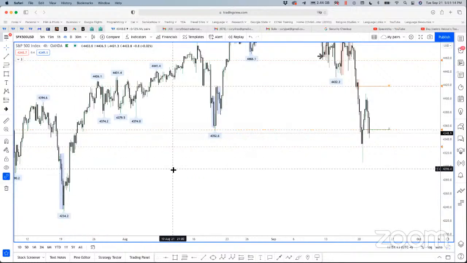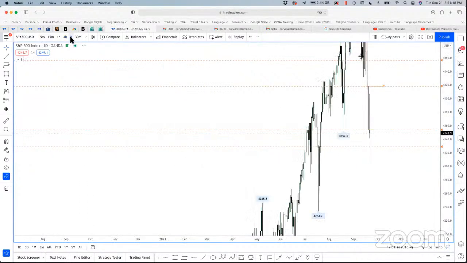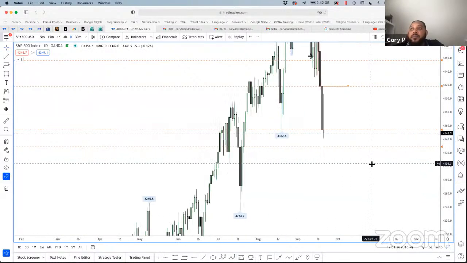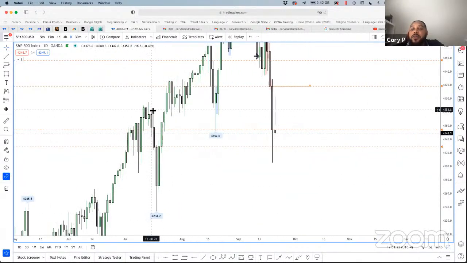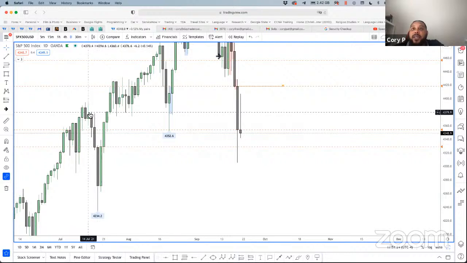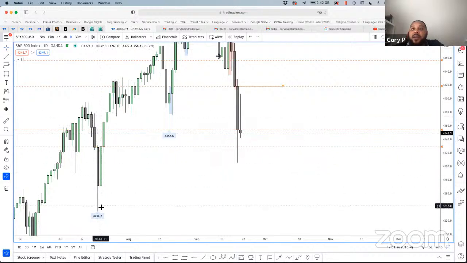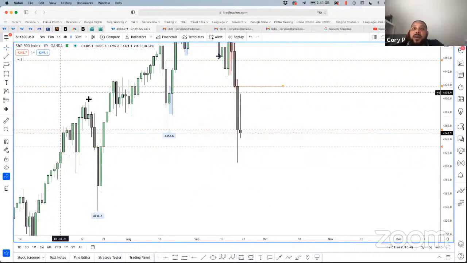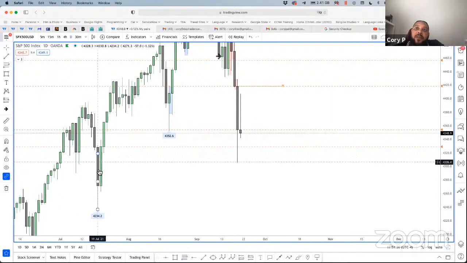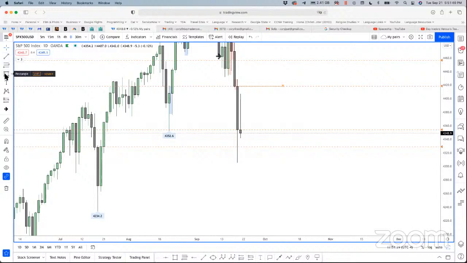So on the daily, this is the rejected order block on the daily. It also did too. Yep. So you see it on the daily. This is the high of the order block. That's the low. In this case, when you have a long wick, I usually take into consideration both the wick to wick and then body to body.